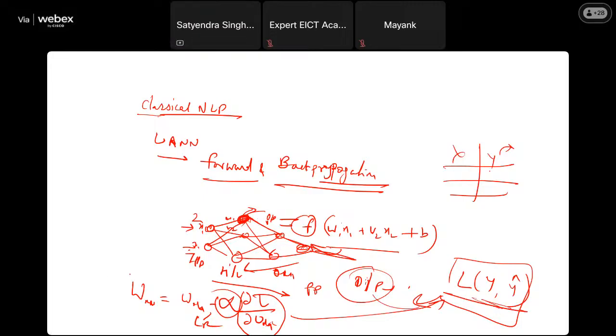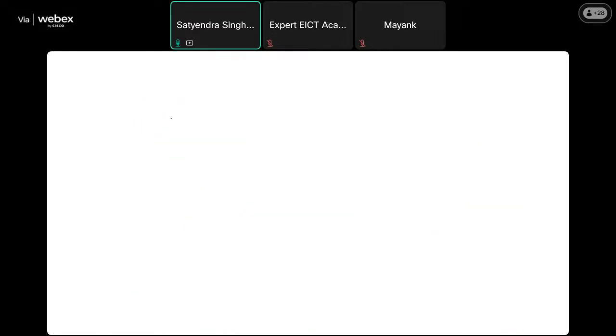A classical neural network, it was proved, can solve any type of problem even with a single hidden layer. However, they are not suitable for sequence modeling tasks.